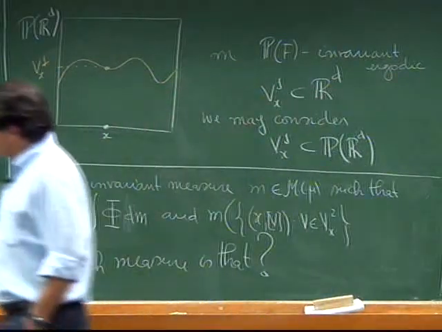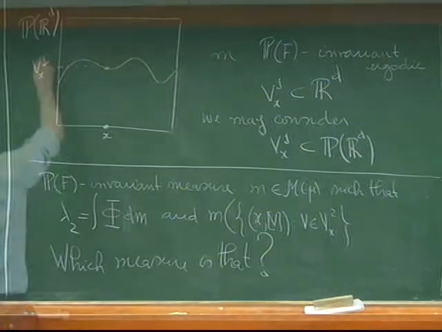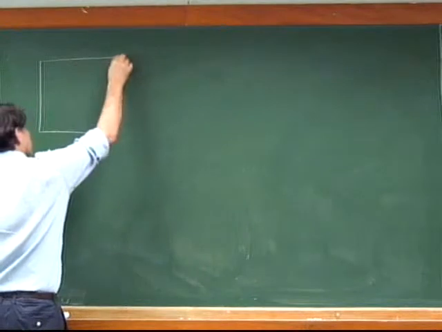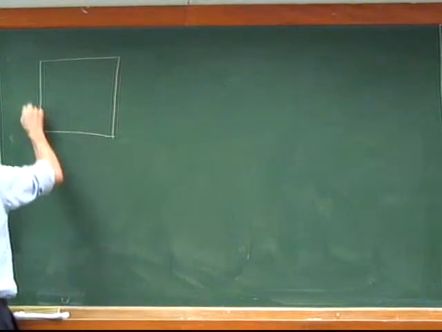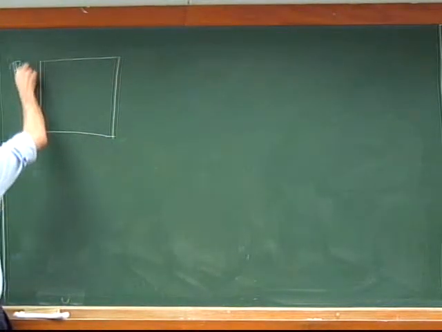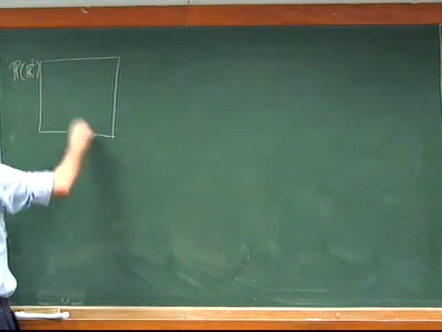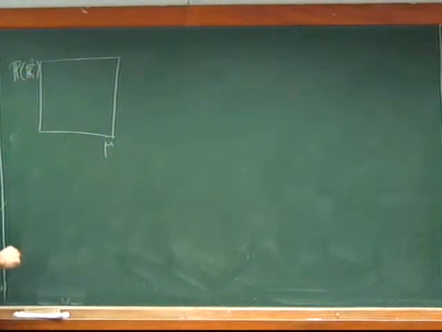So it has to be a measure in the product P of R2 times M, a measure here that projects down to mu. Now here comes the first information.